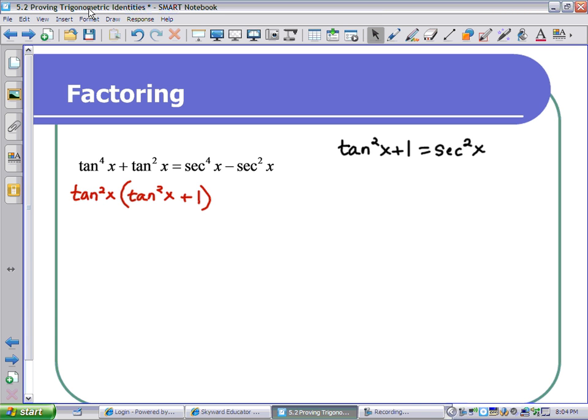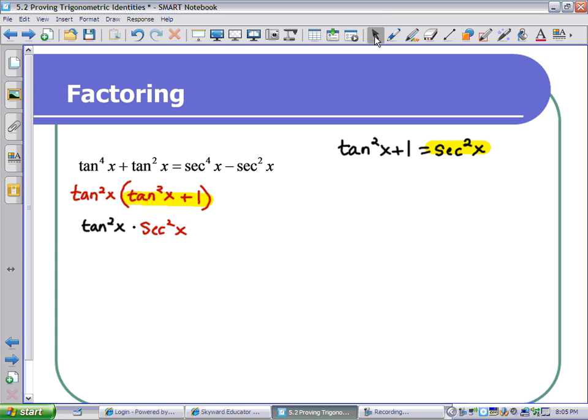Well, when you look back at your Pythagorean identities, tangent squared x plus 1 is equal to secant squared x. So if we replace tangent squared x plus 1 with secant squared x, then I have secant squared x times tangent squared x.